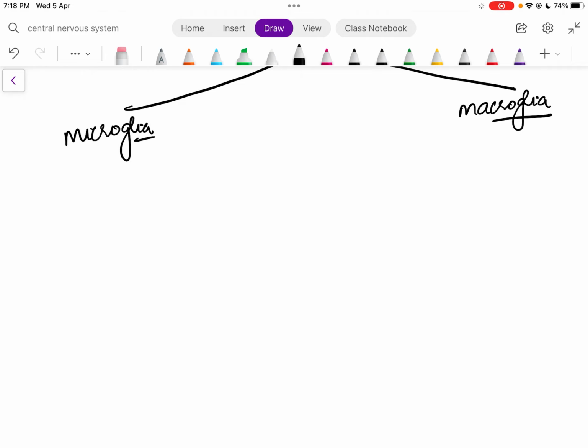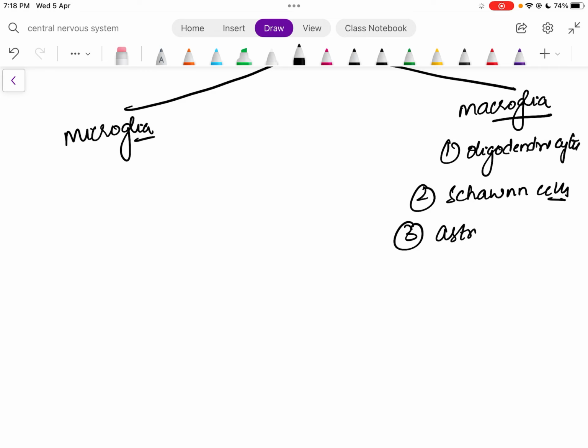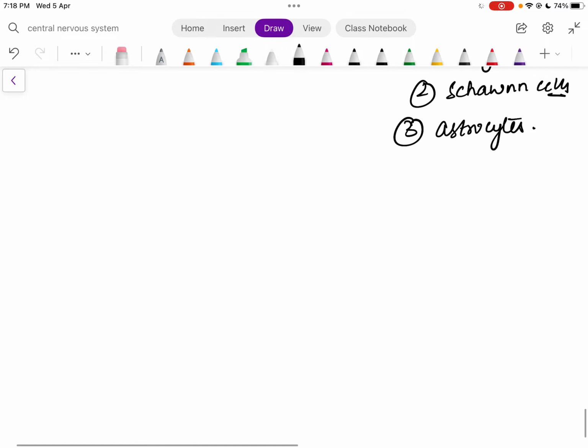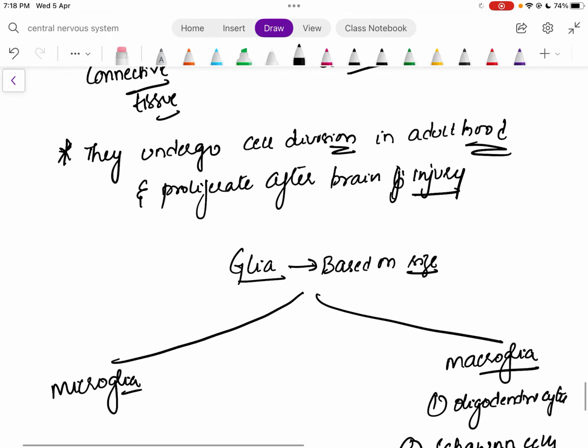The macroglia include oligodendrocytes, Schwann cells, and astrocytes. We'll discuss each of these cells in detail.